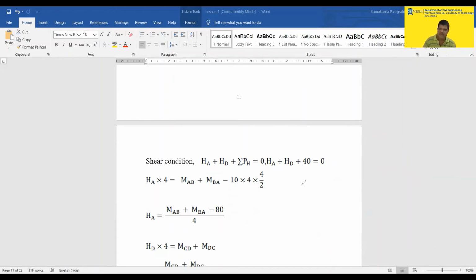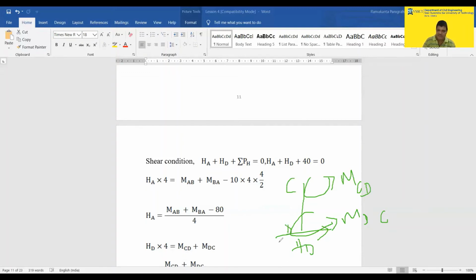Similarly, you can calculate HD. If you come to the HD value, this is your HD, this is your clockwise MDC, and this is MCD. This is C and this is D. If you calculate this value, HD will give an anti-clockwise value. Both are clockwise. So MCD plus MDC by span will give you the reaction.